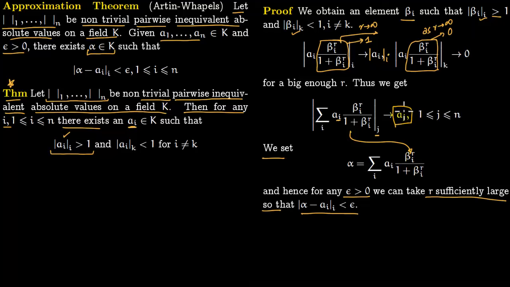If from here you subtract this out, all other terms are going to go to 0 because this was the only term which was going here. All other terms will have something like this: you have i here and k here, or i here and k here. These indices are not matching, so they will go to 0. Only the non-zero term we have subtracted out, and that is why we have less than epsilon. So this is an easy proof depending upon this theorem.